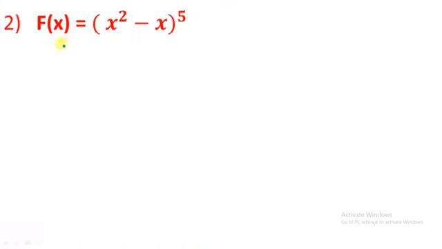Now, example 2. If I have f of x equals (2x squared minus x) raised to power what? To power 5. Let's think. It is a function because it contains x and it is raised to a power. What will I do? Rule number 7.